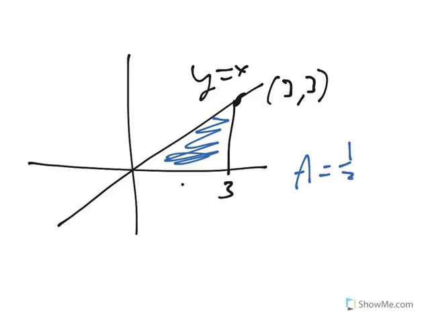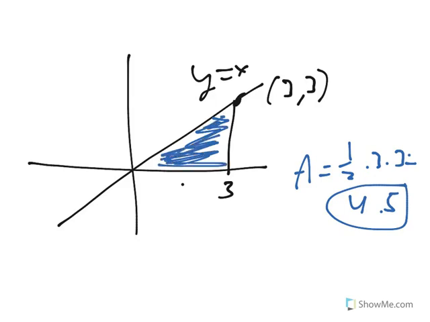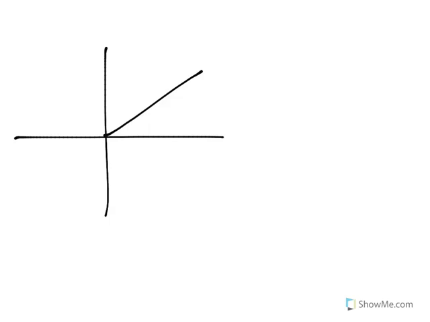So the area is 1/2 of 3 times 3, which is 4.5. But what if I didn't know the area of a triangle formula? What if I only knew the area of a rectangle formula? How might I still find the area of this triangle? We'll know the answer is right if we get 4.5.